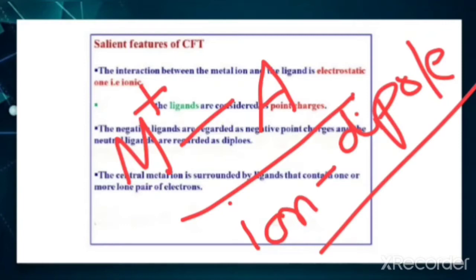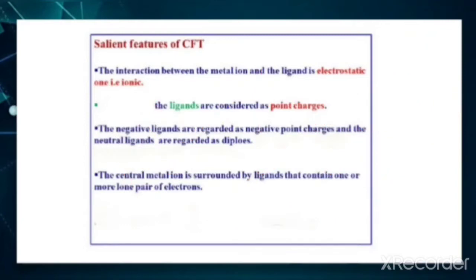If the ligand is negatively charged, the interaction is ion-ion, and if the ligands are neutral and polar in nature, like water and ammonia, the interaction is ion-dipole. Let us see what the other salient features are.